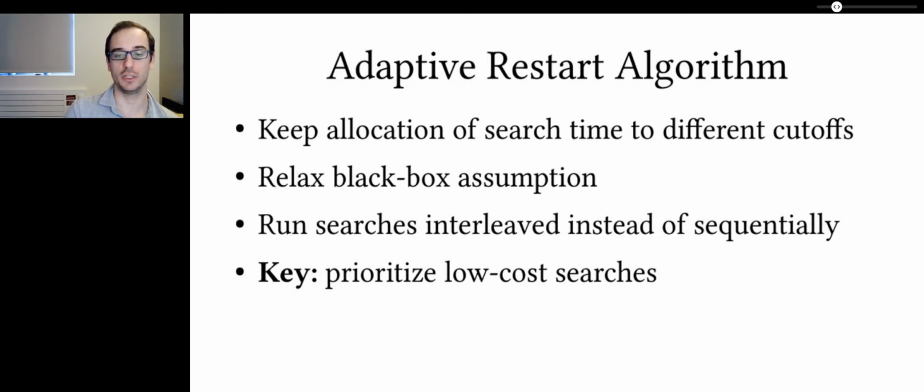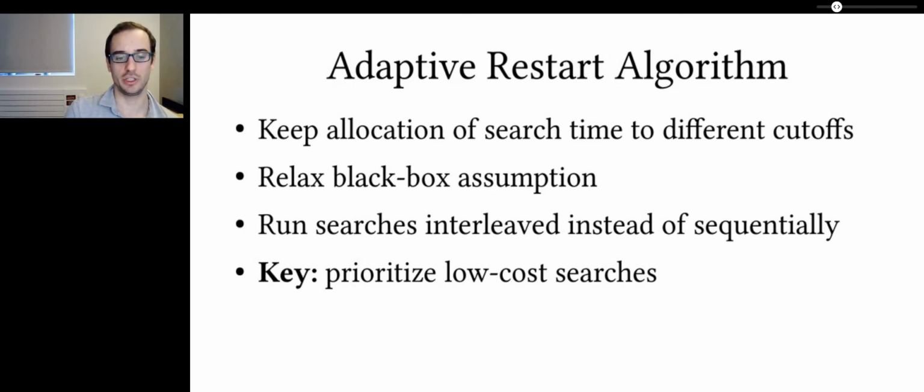So the classic Luby algorithm, when it restarts, it forgets about an old search and it never comes back to it. In our algorithm, we're going to retain those old searches and come back and spend some more search time on them. I want to emphasize here that we're not doing parallelism. So we're not running the searches at the same time. We're just running them in an interleaved manner.